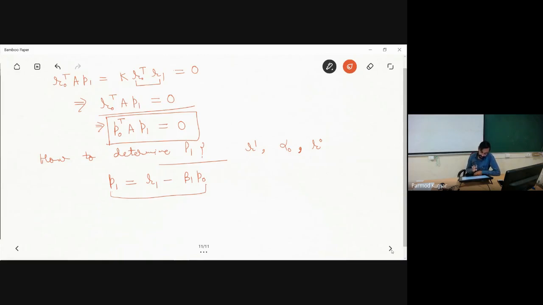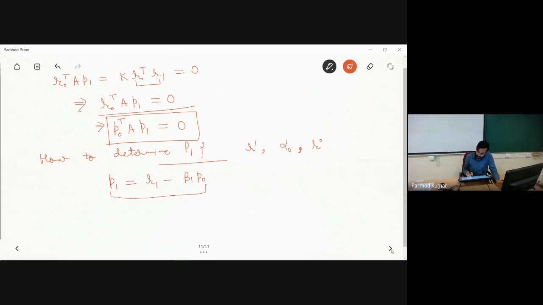What I have done is this: my objective over here is to find the value for P1. So for finding the value for P1, we considered what parameters are known to us.